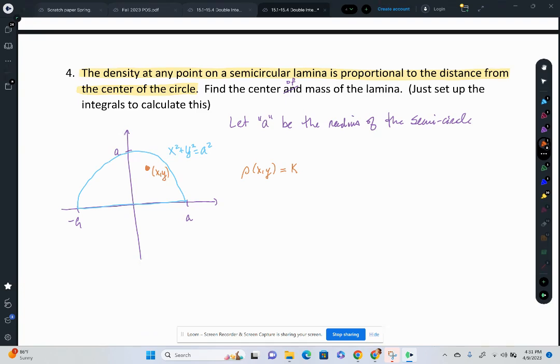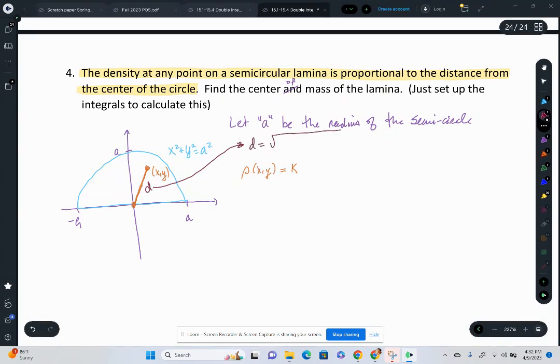So that means that your density is not equal to the distance. It's equal to the distance up to some constant multiplier, so k. And the distance from the center of the circle, let's see, center of the circle would be at (0, 0). Well, let's see, real quick, let's define distance.